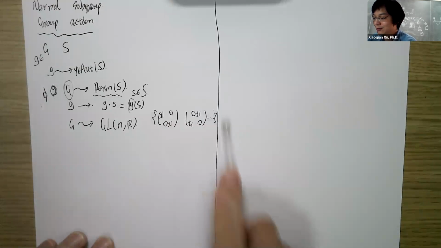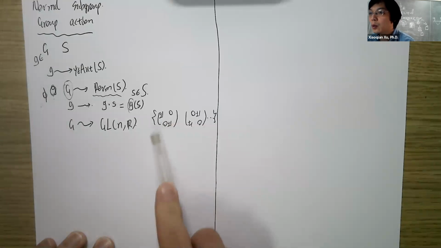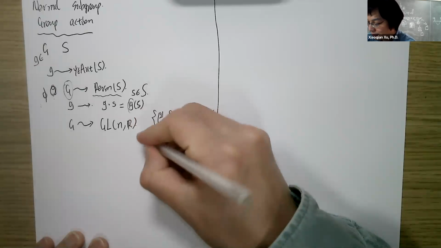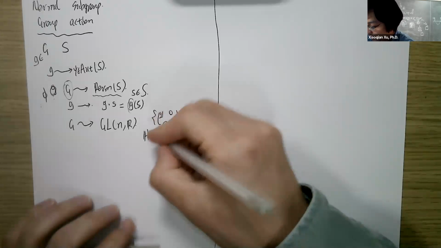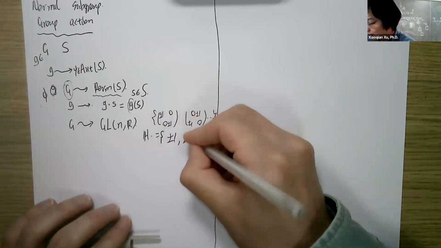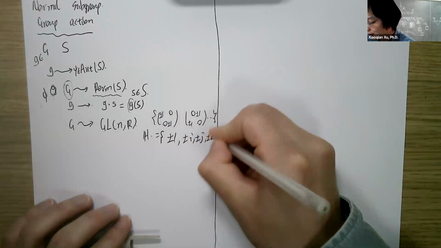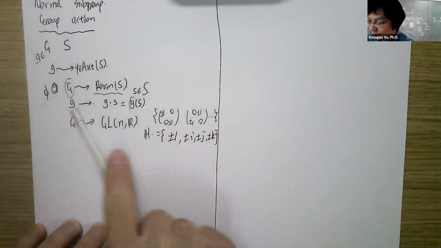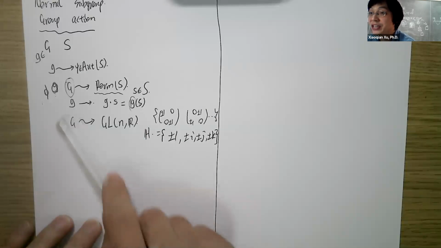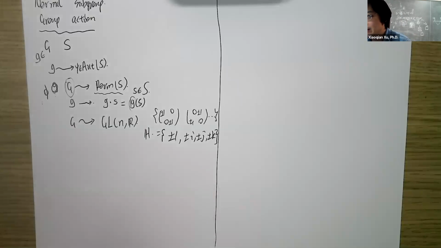You can see that this group can be seen as a linear representation of the quaternion group, which is formed by plus or minus 1, plus or minus i, plus or minus j, plus or minus k, and it satisfies some conditions. This kind of thing is a linear representation, where you try to find a subgroup of a well-known group so that this subgroup has the same structure as this arbitrary G. This is like a representation.